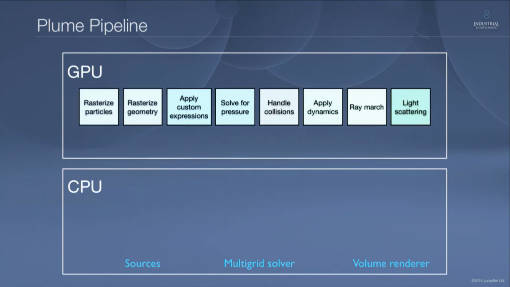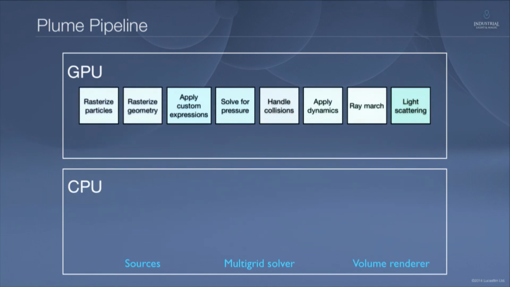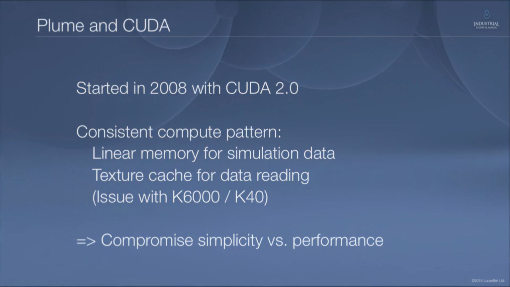With Plume, we went for the whole thing. So the entire pipeline from A to Z is on the GPU, and the artist inputs all their particles and sources, and gets at the end an actual final frame render. This is not a preview. It's usually either a rough version of a final quality frame render or a final quality one.